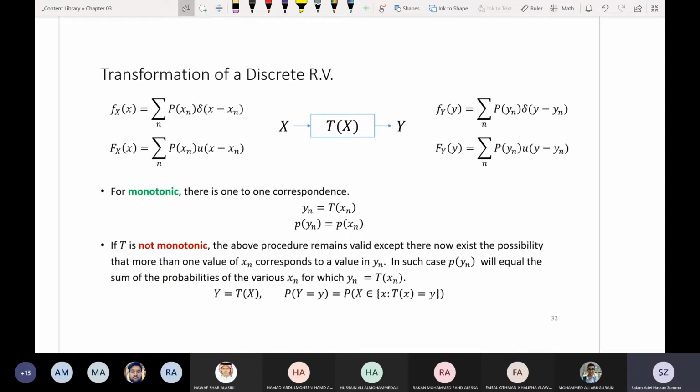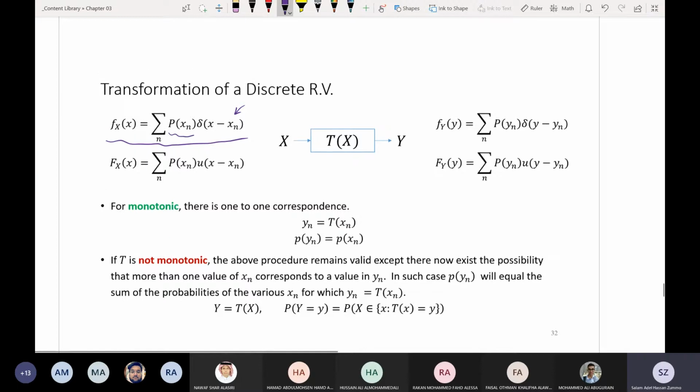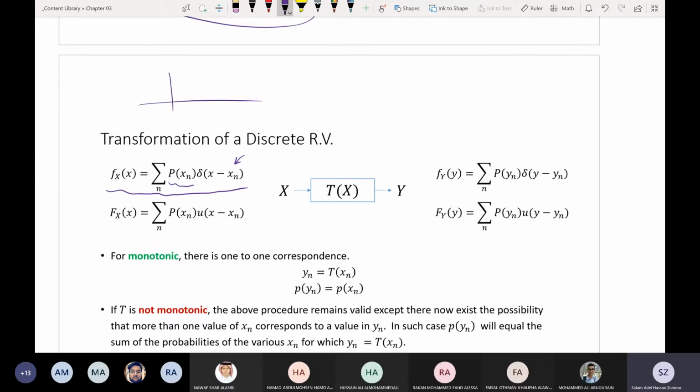So the PDF of X in general is a summation of delta functions, each at a different value of x of the random variable X, multiplied by the probability of that value, x_n. As you have learned before, it's basically certain delta functions.